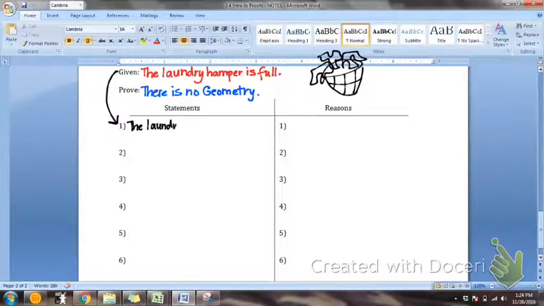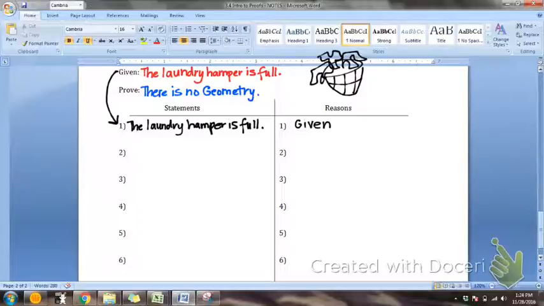This is getting me started on my proof. What is always reason number 1? The given, right? The word given. Why do I know that this is true? Because it was given to me. So we're going to write the word given.